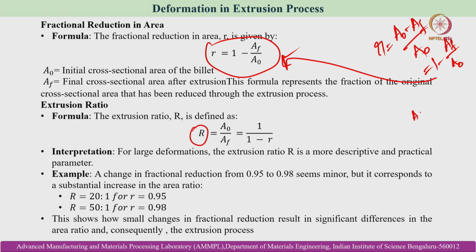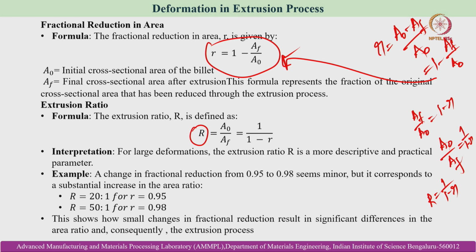AF by A0 is equal to 1 minus r. Hence A0 by AF is equal to 1 by 1 minus r. So the extrusion ratio capital R is equal to 1 by 1 minus the fractional reduction in area small r.